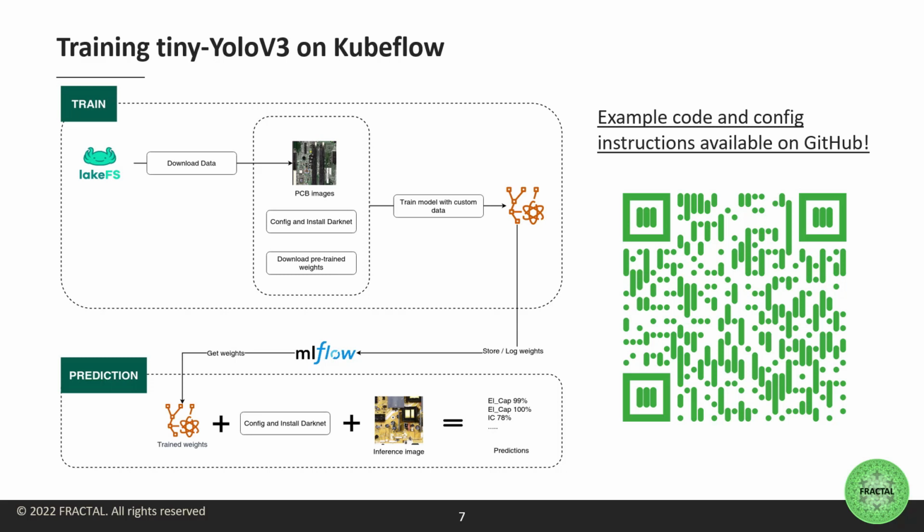When doing the prediction, you use the model stored in MLflow, and you use the network to make inference on the image. You can find an example of the code and configuration on GitHub.